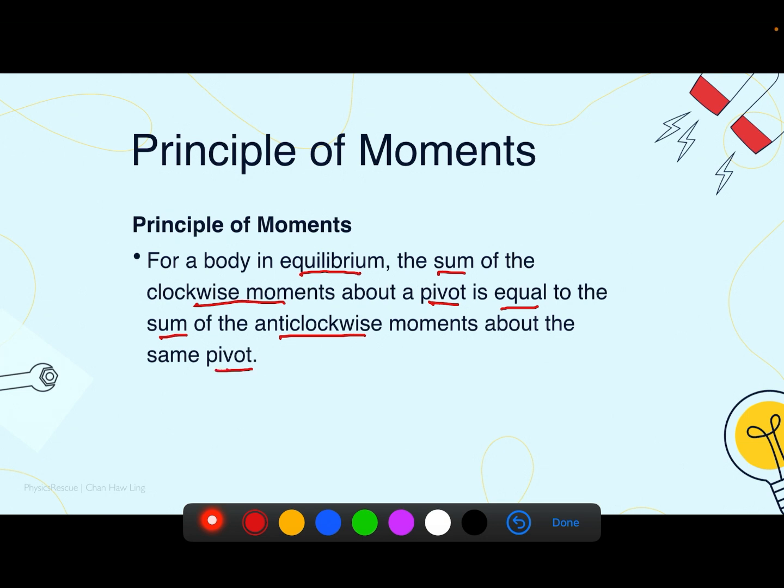The keywords for the principle of moments must be there, and very importantly, that object must be in equilibrium for the total resultant moment to be zero. In other words, the total clockwise moments and the total anti-clockwise moments are equal.